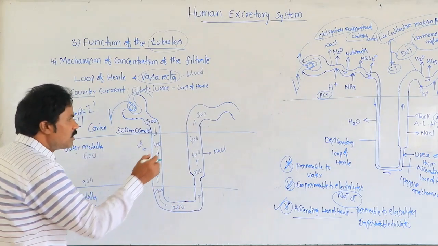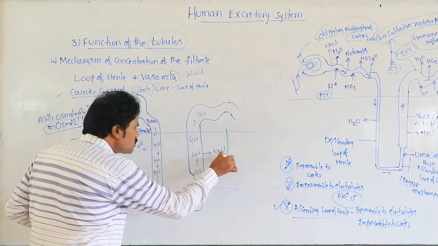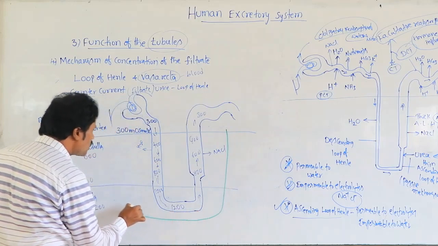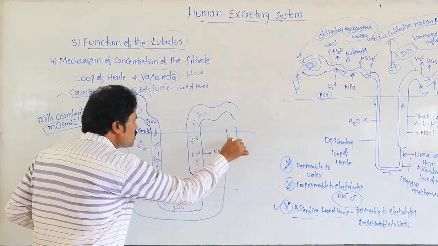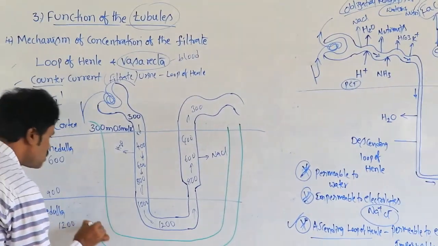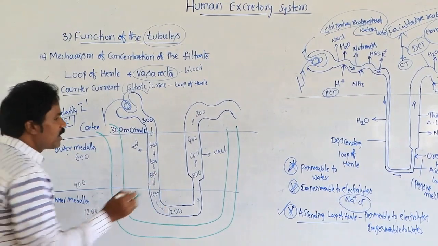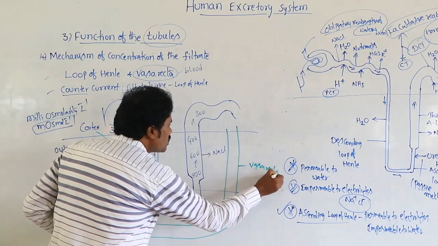Remember that. Then similarly, the vasa recta passes all along with these substances, the descending as well as the transverse part. The green color represents the vasa recta.